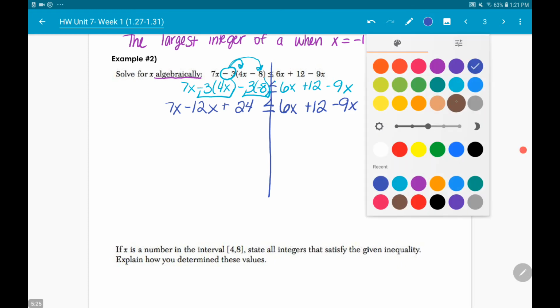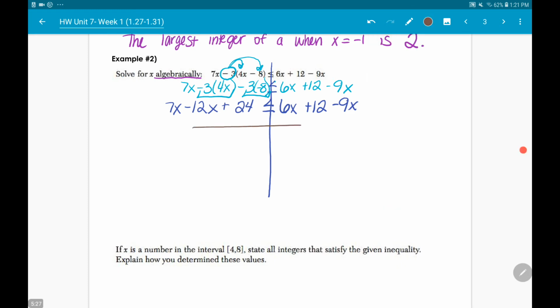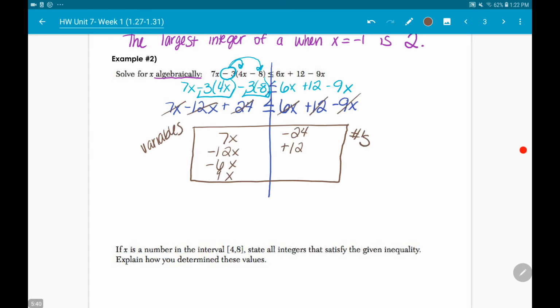All right, next step, ladies and gentlemen, let's go back to our famous solving square. I'm going to sort the terms by variables and numbers. We should be pros at this by now. I sorted like so. Now we need to combine like terms on the left and the right. On the left, I got negative 2x. On the right, I got negative 12.